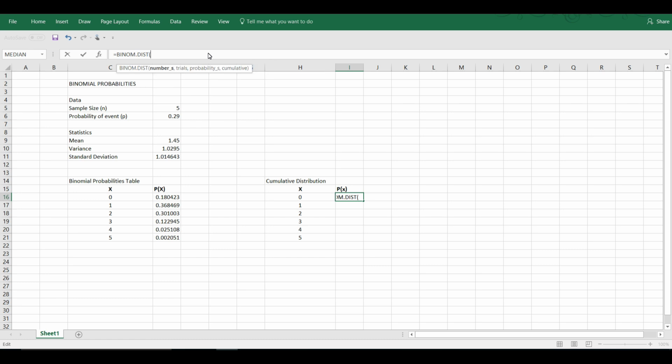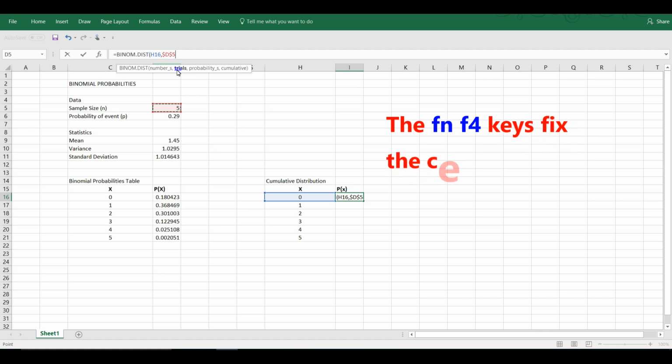So let's type in equal, binom.dist, and then we have 0 as a relative cell reference, so that's H16 this time. And then we have D5, but I'm going to press function F4 to fix it. So I have $D$5, so it's D5 as the sample size, and it won't change.